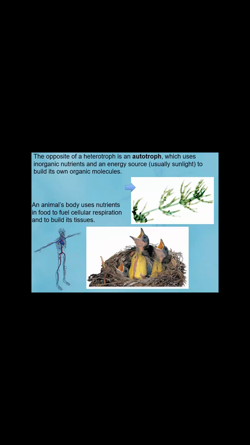The opposite of heterotroph is an autotroph, which uses inorganic nutrients and an energy source, usually sunlight, to build its own organic molecules. There are other energy sources like thermal vents down in the ocean floor, where entire ecosystems of organisms evolve.